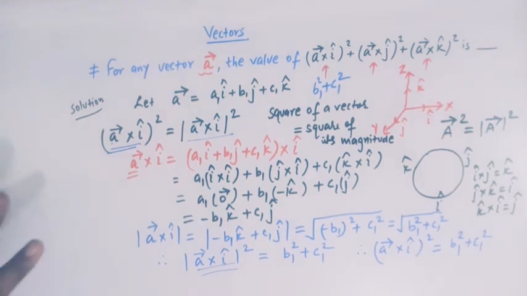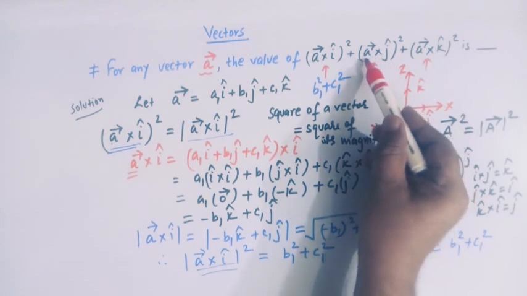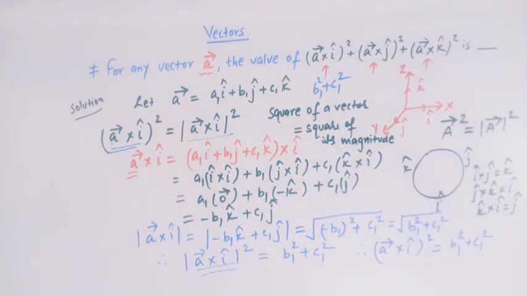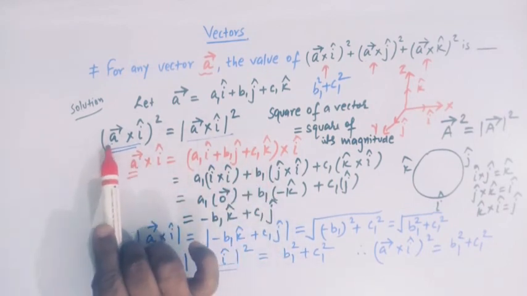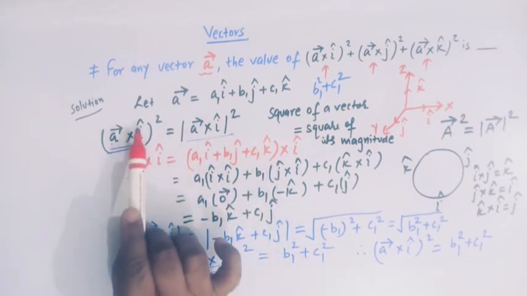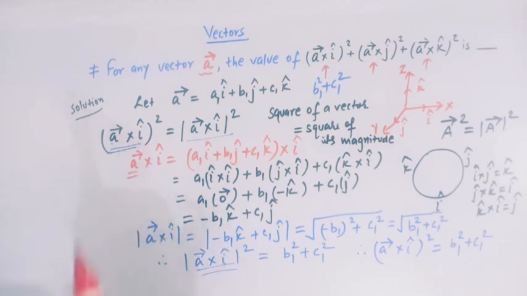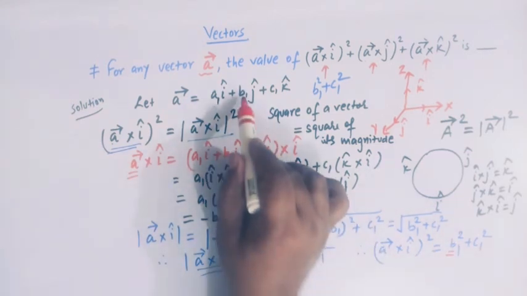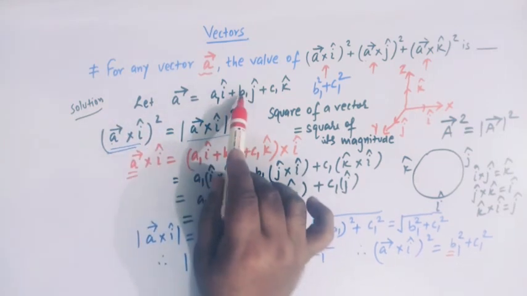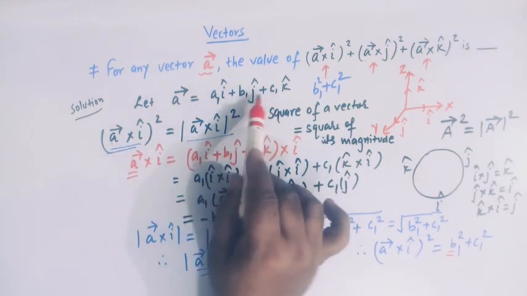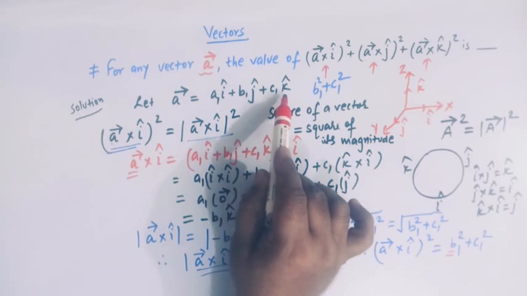Now proceeding in the same manner, we can find out the values of this term and this term. See, when we have a vector A cross i cap, then we have the sum of the squares of the components except the component along i cap. Here we have i cap, then we have the components along j cap and k cap.